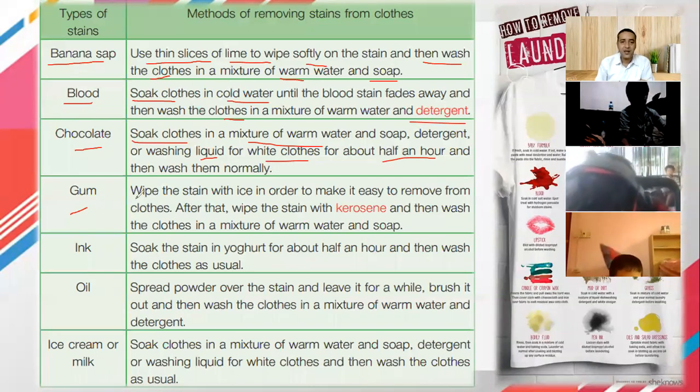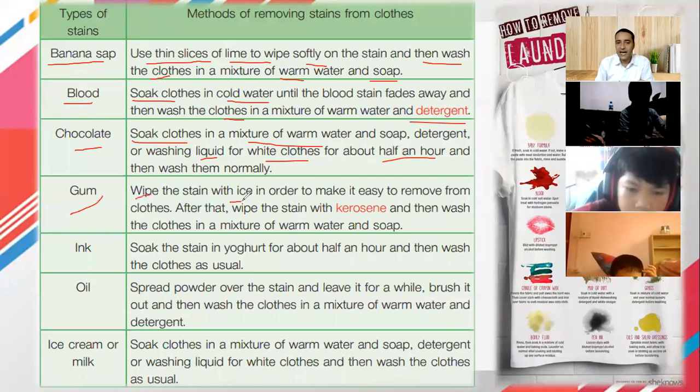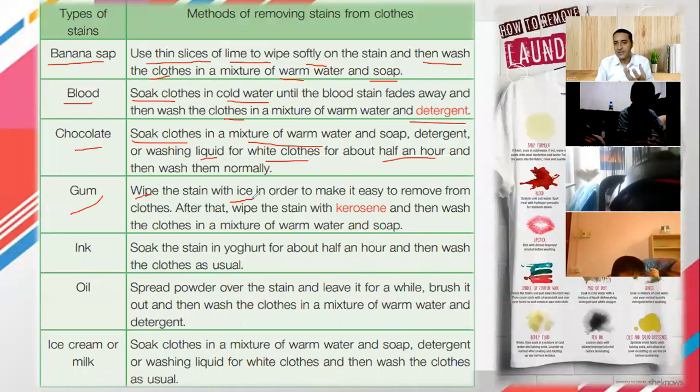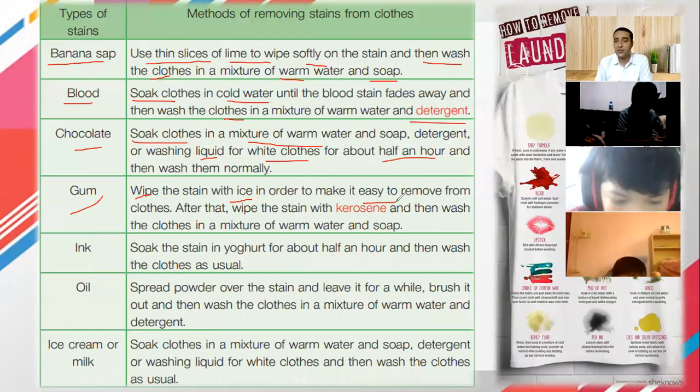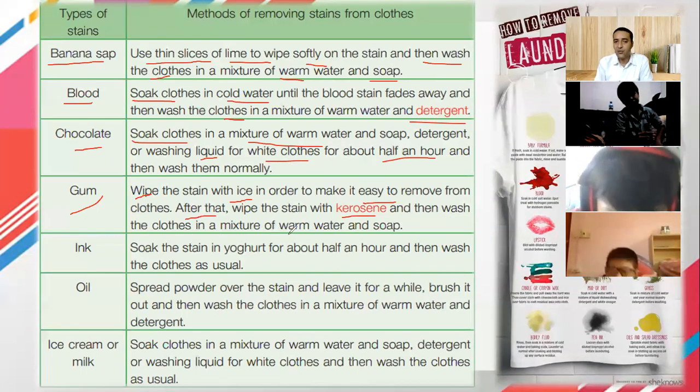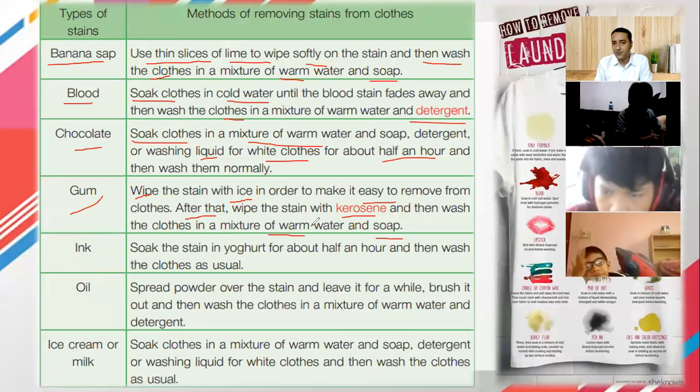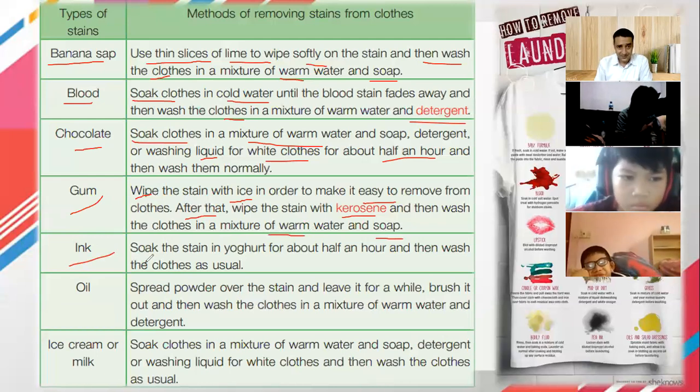Gum stain: we wipe the stain with ice in order to make it easy to remove from clothes. After that, wipe the stain with kerosene and then wash the clothes in a mixture of warm water and soap.